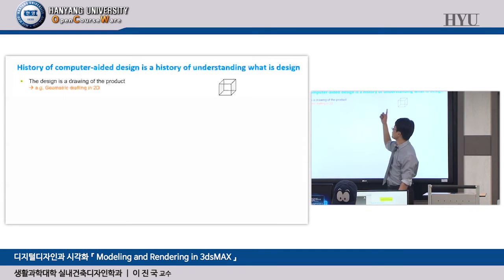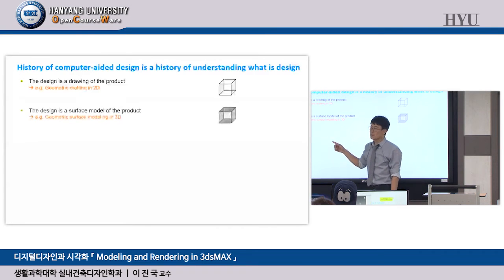That is why we focused on elevations, plans, perspectives, line drawings, okay? So geometric drafting in 2D was the CAD system at the time.